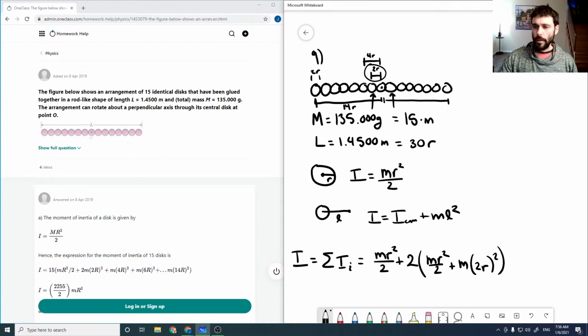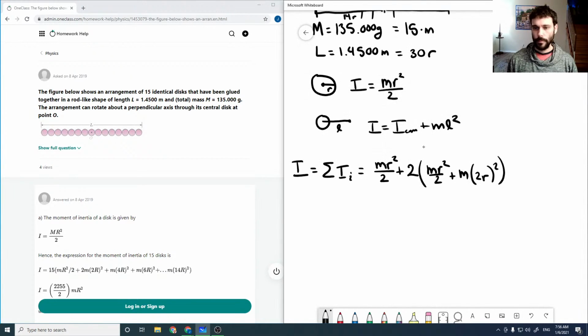Okay, and then now there's 2 of the next nearest neighbors. So plus 2 times mr squared over 2 plus m times 4r squared.